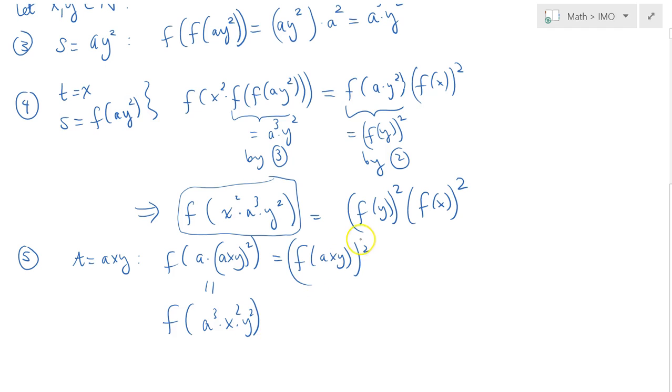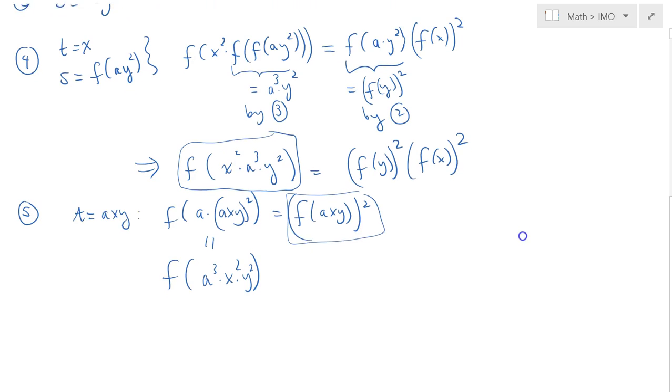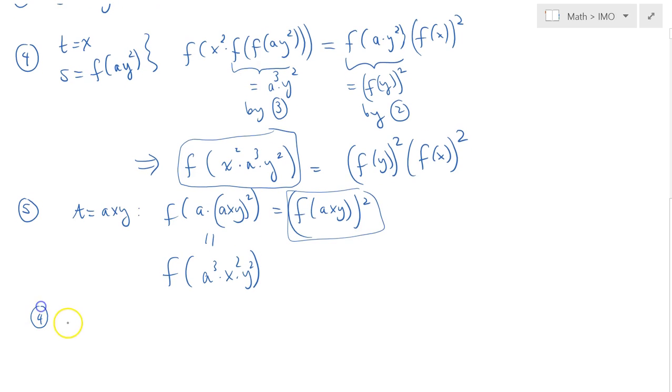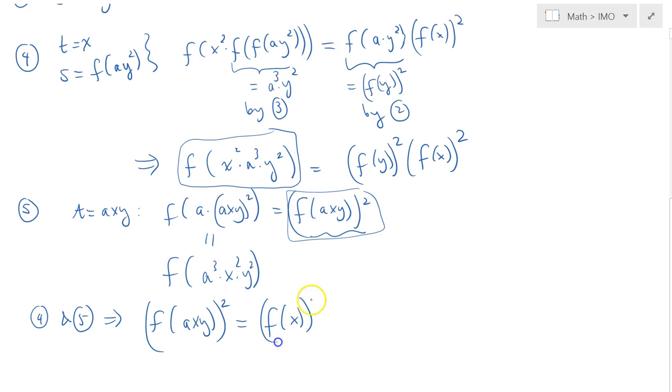So 4 and 5 combined would give us that the left hand side, f of a times x times y squared, is simply equal to f of x squared times f of y squared.